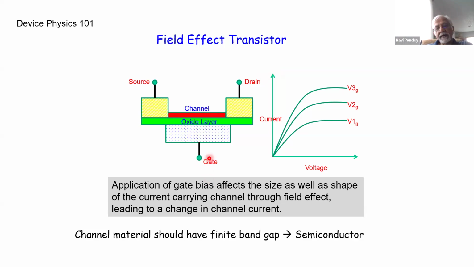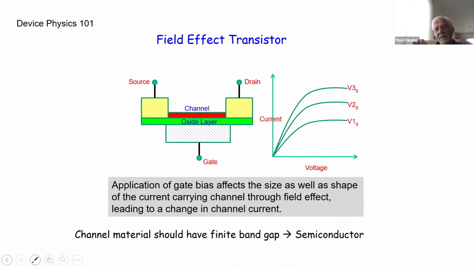And our idea is, by varying the gate field, you can have a different source-drain relationship or different current at 1G, 2G, 3G, depending on the magnitude of the gate field. So what it does require is the channel material should be semiconducting.